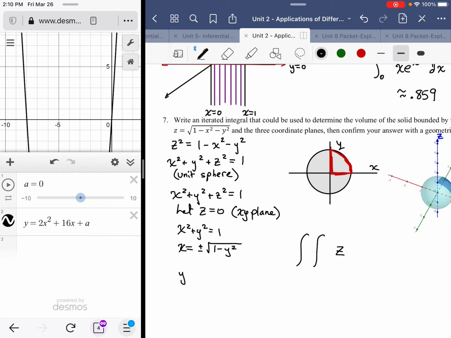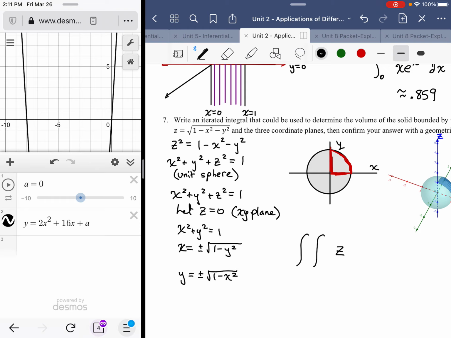We could solve it for y, plus or minus the square root of 1 minus x squared. Either way, we have a variable relation that restricts the function in terms of either x or y. So it's just a question of what would be the restrictions beyond that.